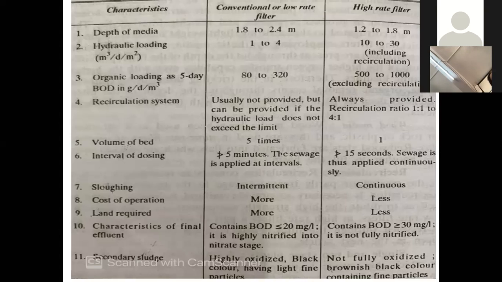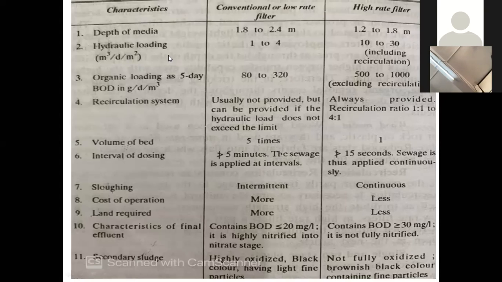It will be in the range of 1.2 to 1.8 meters. High rate trickling filter efficiency is more, so we need not invest more in increasing the filter media depth. So that will be in the range of 1.2 to 1.8 meters.